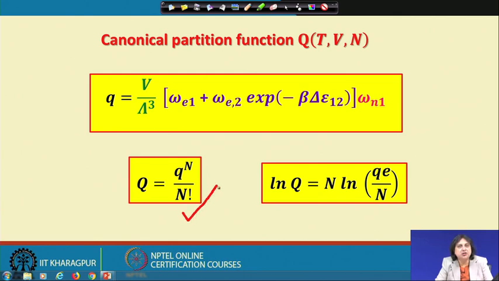Therefore, by definition capital Q is related to small q like this, and therefore, I would like to find out what ln Q would look like. Now, why ln Q? Because you already know by the bridging relationship that F, that is the Helmholtz free energy in the canonical ensemble, is related to ln Q. So, let us now try and derive that.